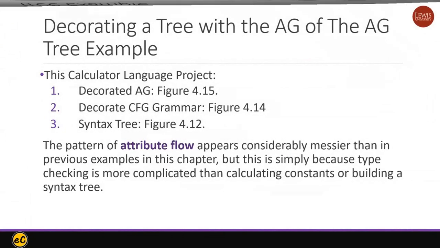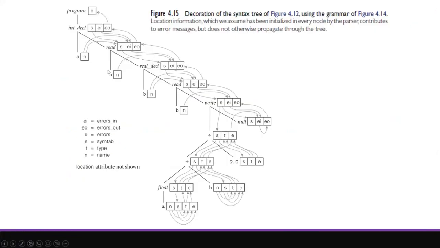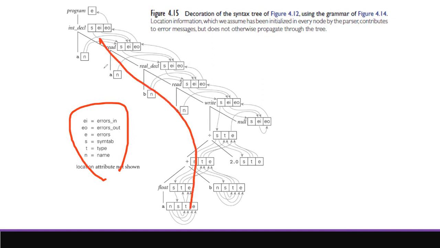So anyway, the algorithm tries to decorate the whole tree, and eventually these different attributes for that calculator program become this. Some of them are S attribute, bottom-up.